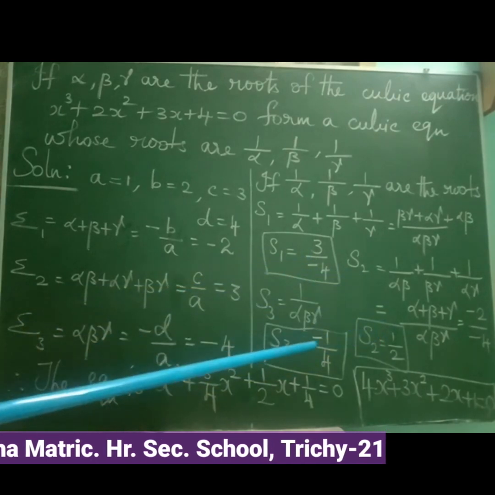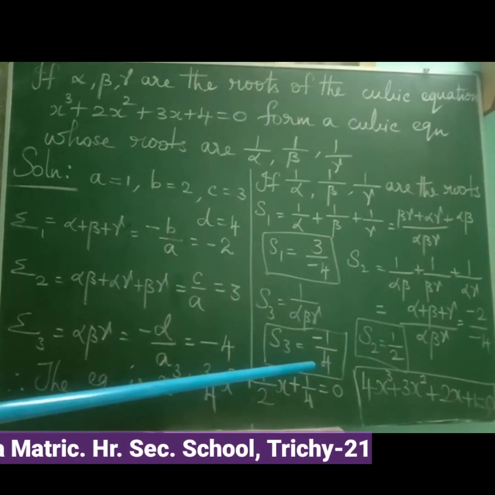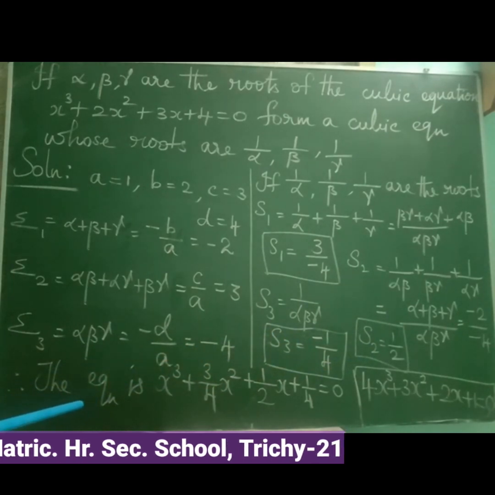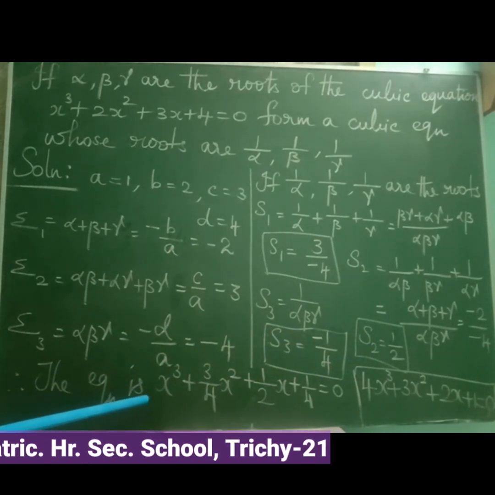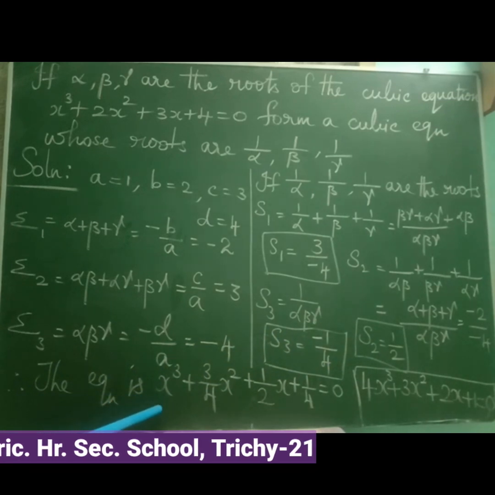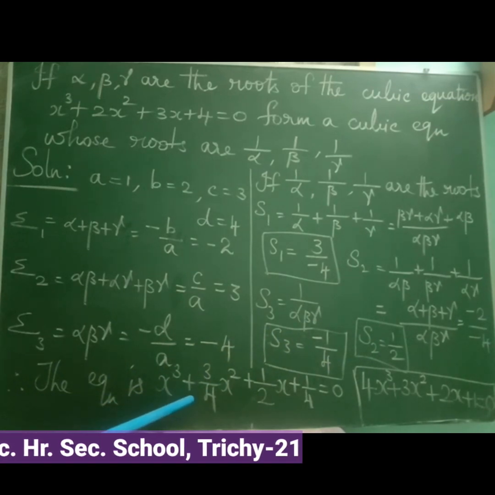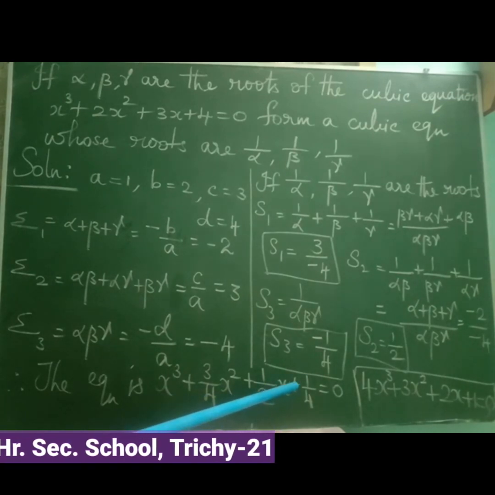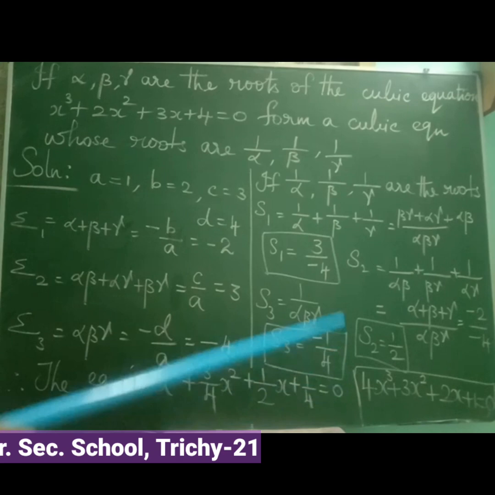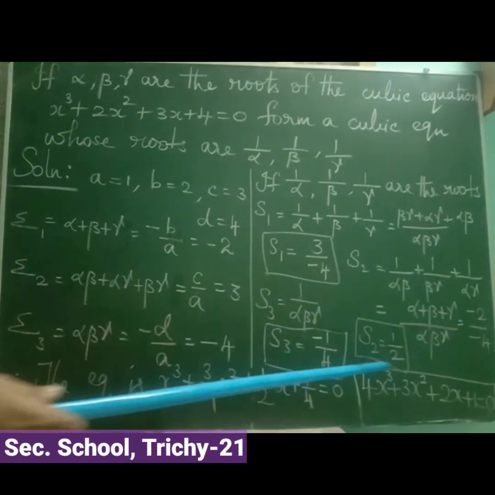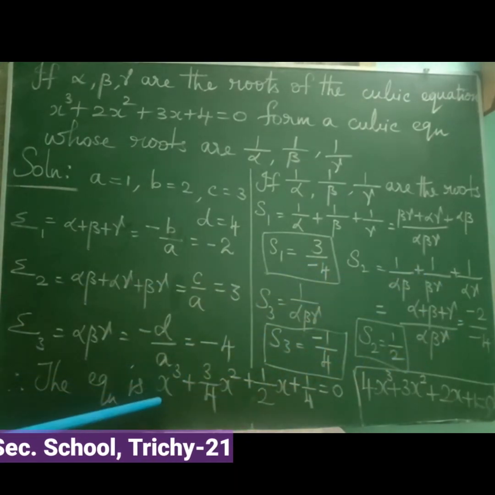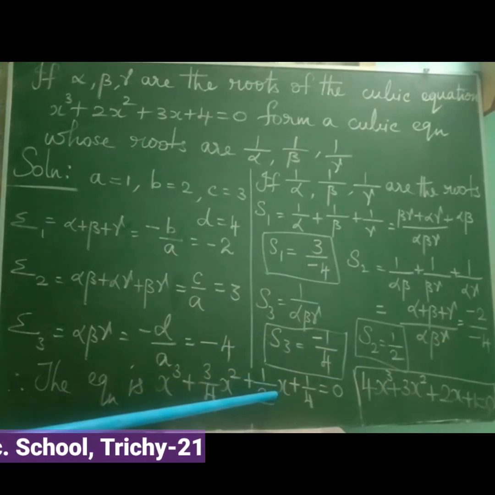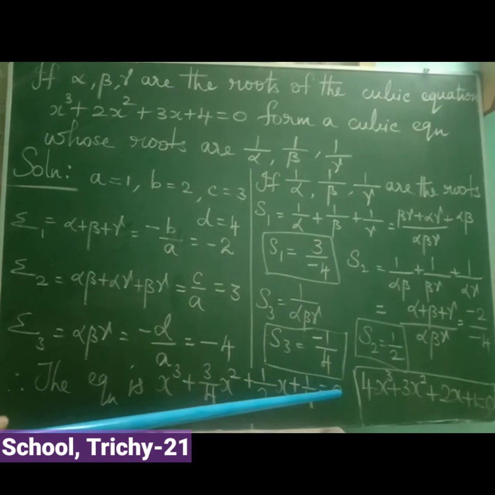S1, S2, S3: these three values now you have to substitute in the general equation. Therefore, the required cubic equation is, the formula is x cube minus S1 into x square plus S2 into x minus S3 equal to 0. Substituting these values along with the sign, we get x cube plus 3 by 4 x square plus 1 by 2 x plus 1 by 4 equal to 0.